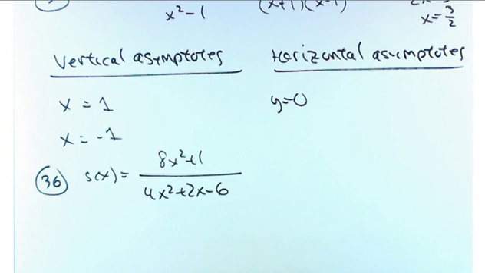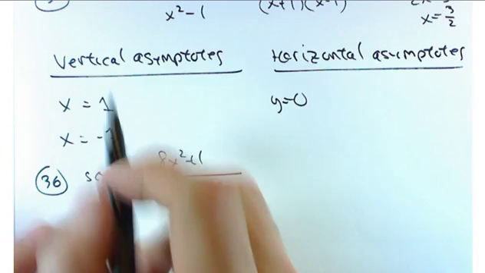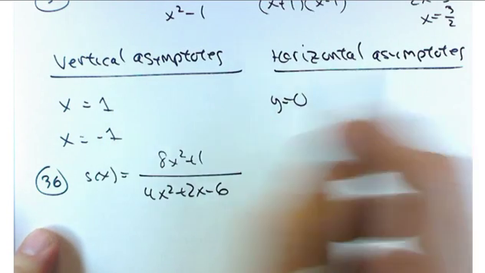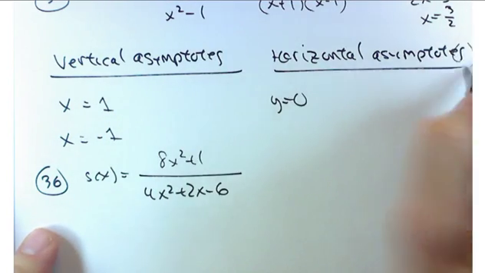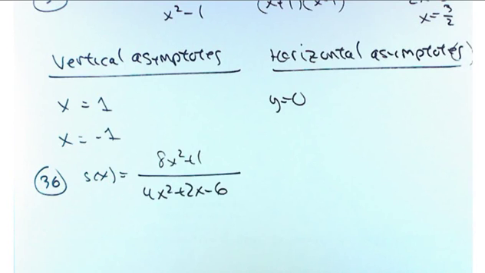Again, you're asked for the same two conclusions. You're asked to try and find the vertical asymptotes and the horizontal asymptotes.